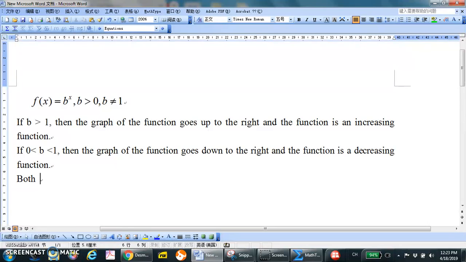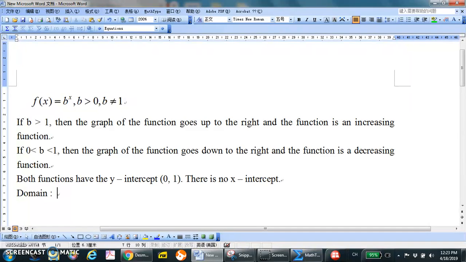Now, both functions have the y-intercept (0, 1), and there is no x-intercept. And if we consider the domain, as the definition of the exponential function says, x can be any real number.